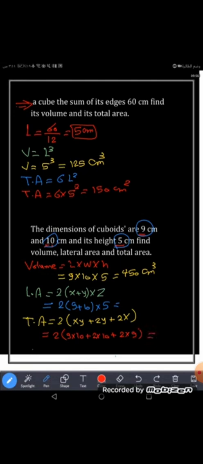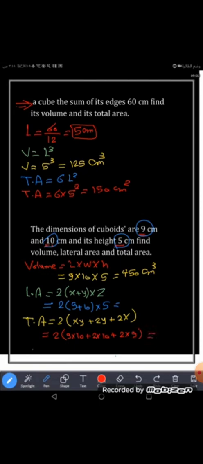The cube is like the cuboid. Each of them has the same 6 faces, the same 8 vertices, and the same 12 edges.